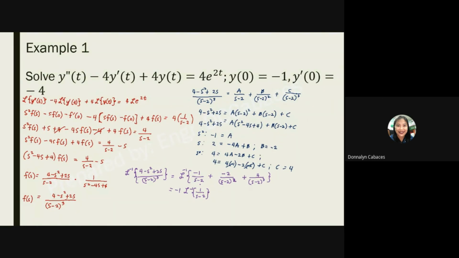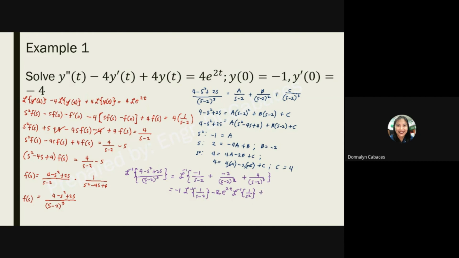So we put it in a form of negative 2 e to the 2t times the inverse Laplace of 1 over s squared. That is your first shifting theorem. We just shifted s to s minus 2, and that is equivalent to multiplication by e to the 2t. Okay, what about for this one?